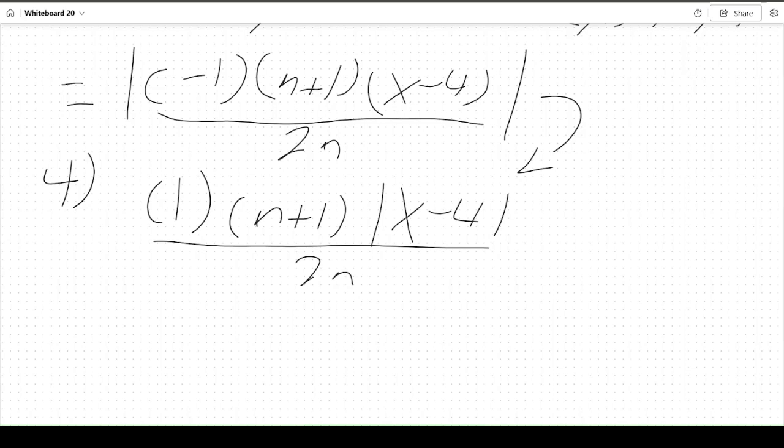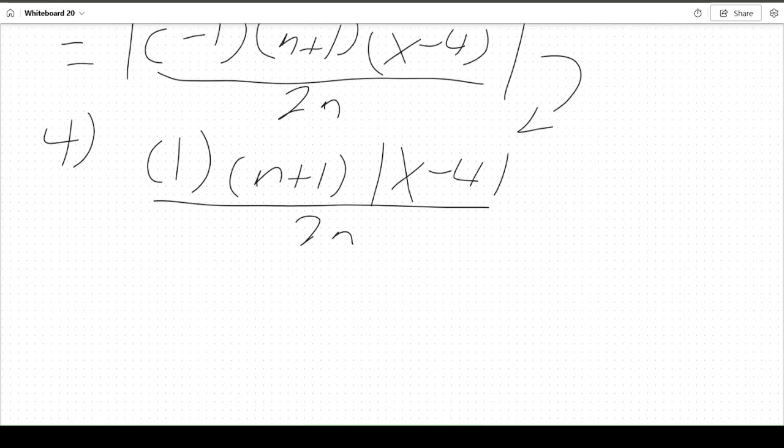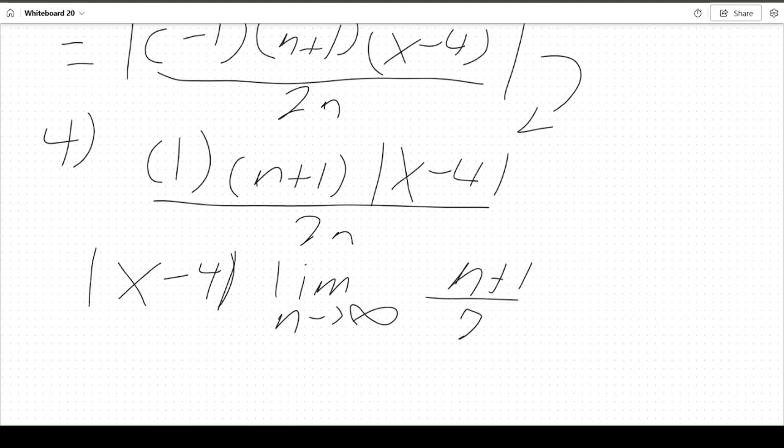We got 2n. Okay, when we do the limit, we can take out the x minus 4, and we will be left with n plus 1 over 2n.